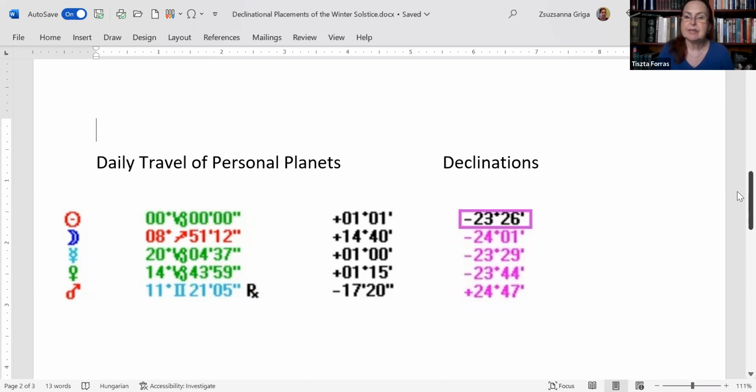And as you can see, Mercury is just out of bounds with 23 degrees and 29 minutes. But Mars, for instance, is 24 degrees 47 minutes, so it's really, really out of bounds.